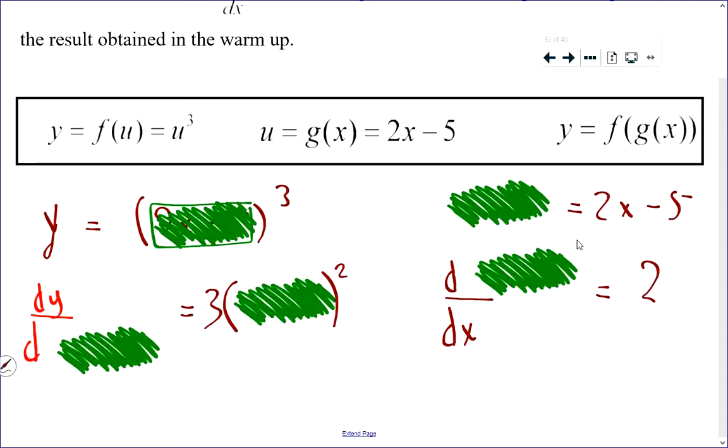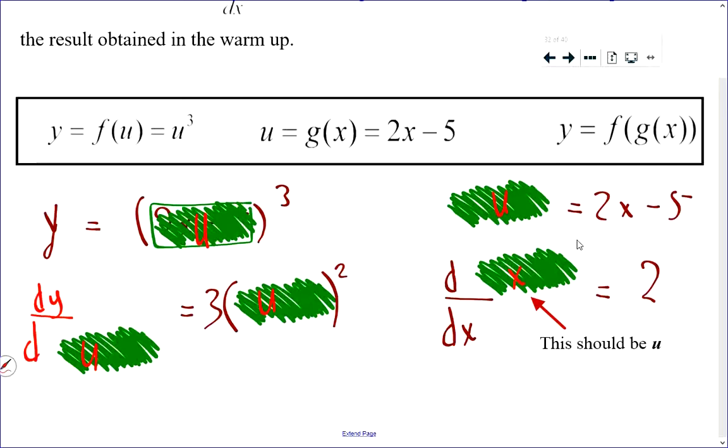So this is our u. And dy/du is 3u squared. This is our u. du/dx is 2.